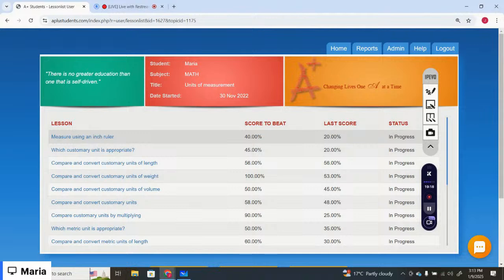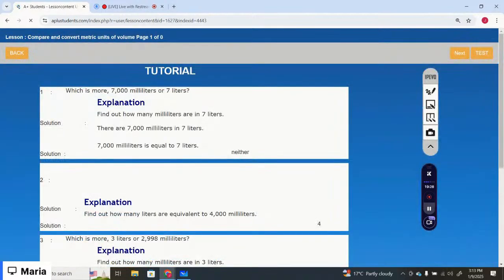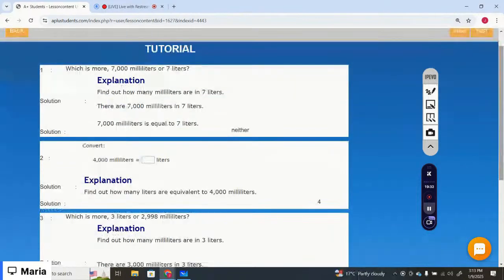The next lesson is compare and convert metric units of volume. Let's just start with the lesson. Which is more, 7,000 milliliters or 7 liter?